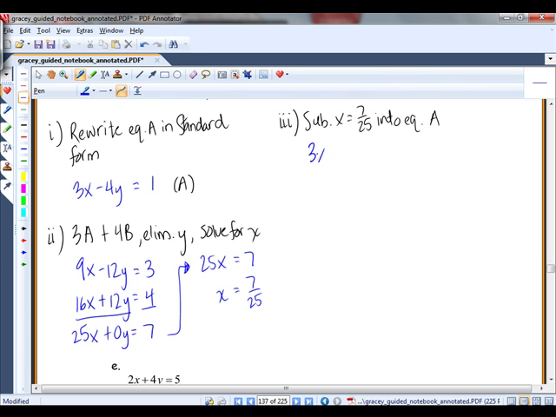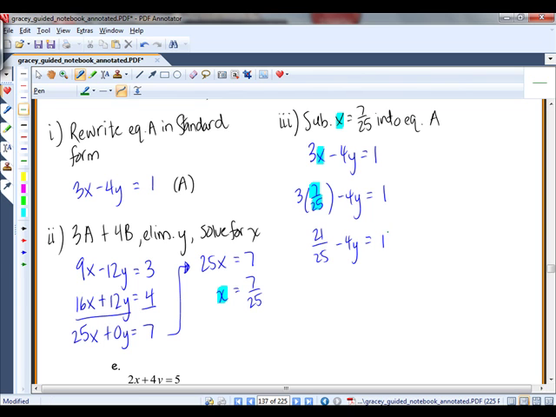Equation A was 3x minus 4y equals 1, but x is 7/25. So this is what I plugged in for x. And this will give me 21/25 minus 4y is equal to 1.